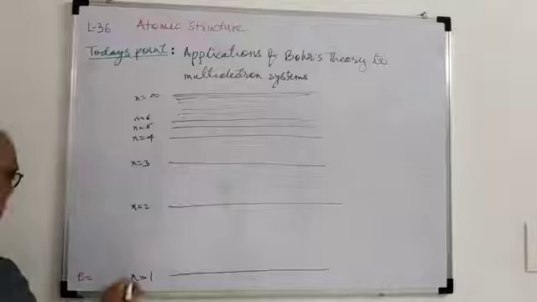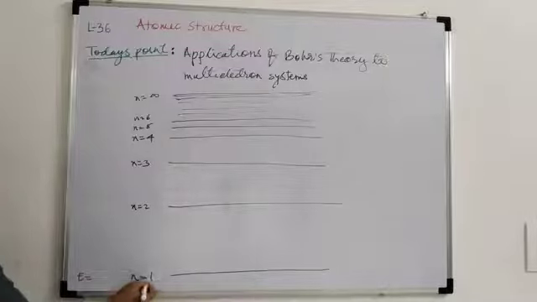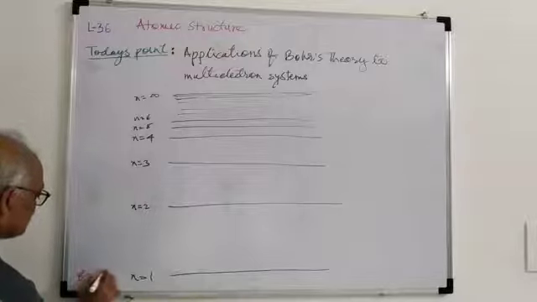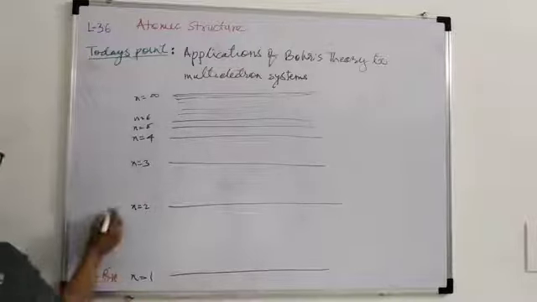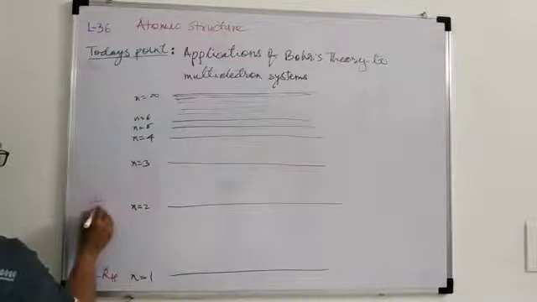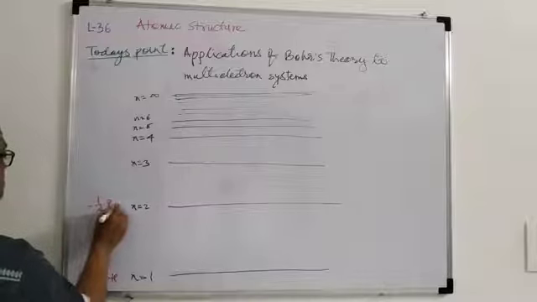This equation gives the energy for hydrogen: when n is equal to 1, it is minus RH. For the second energy level, the energy is minus 1 upon 4 RH.